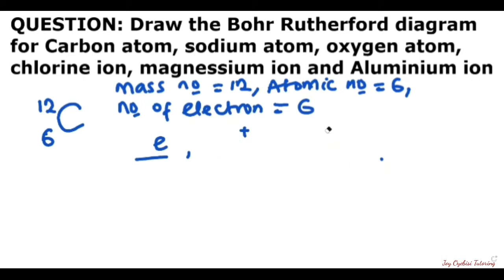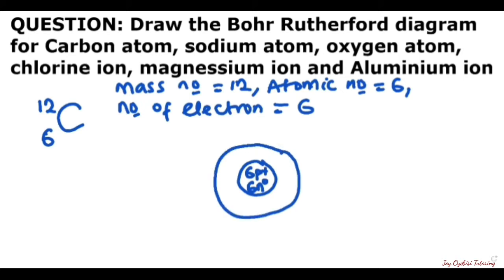Note that we have 6 electrons, 6 protons, and 6 neutrons. The first step is to put our protons and neutrons, which is 6p plus and 6 neutrons. After that, the next step is to fill up the shells with electrons. We start filling the inner shell, or the first shell, which has a maximum of 2.